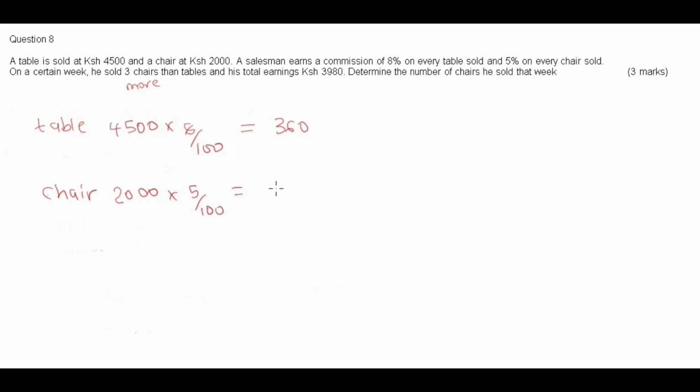So 5% of 2,000 is 100. So on a certain week he sold 3 more chairs than tables, and his total earnings were Kenyan shillings 3,980. Determine the number of chairs he sold.